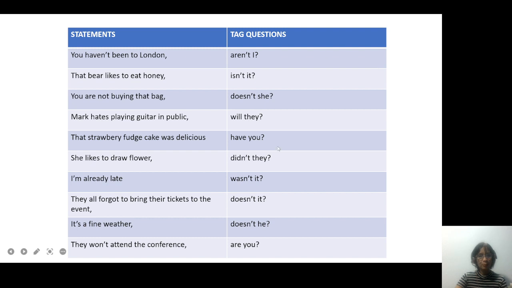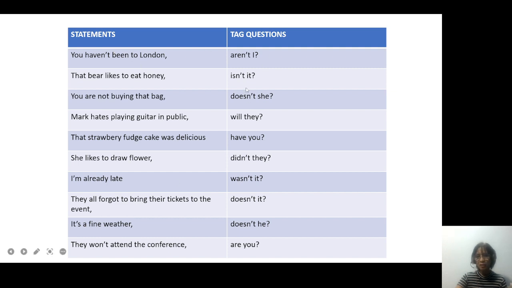Okay, as a part of a review, look at this table. So here, you haven't been to London, aren't I? That bear likes to eat honey, isn't it? So try to check the match. Does it match with the statement?